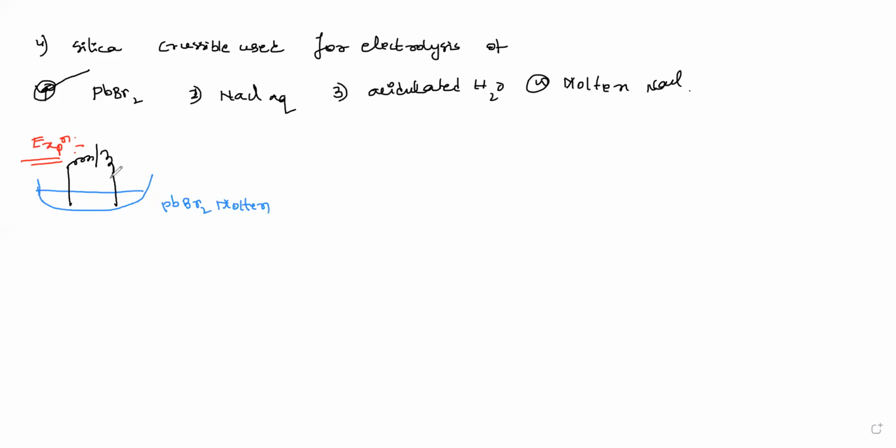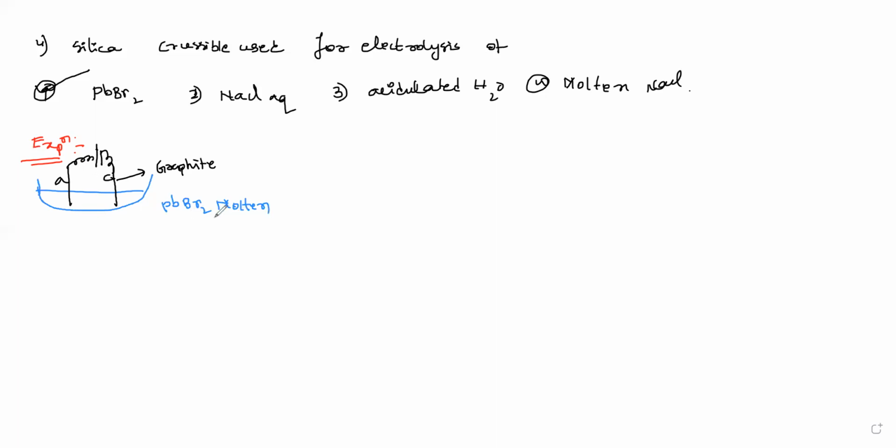Which electrodes are used in this one? Graphite electrodes are used. Both are graphite only. This is the anode, this is the cathode, both graphite electrodes.